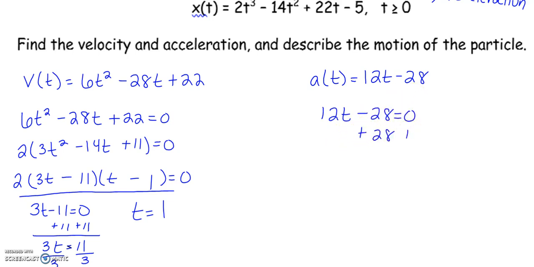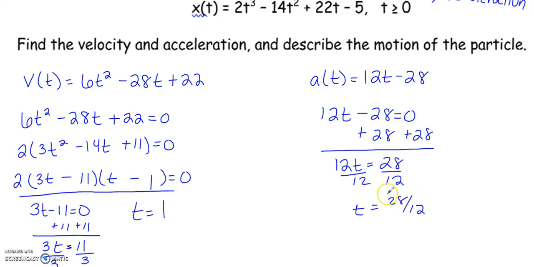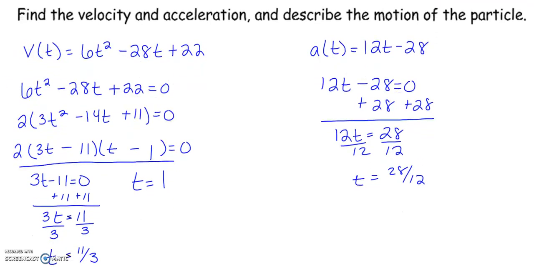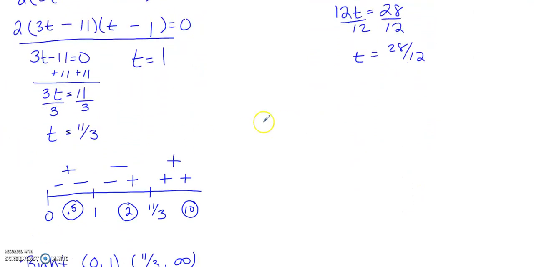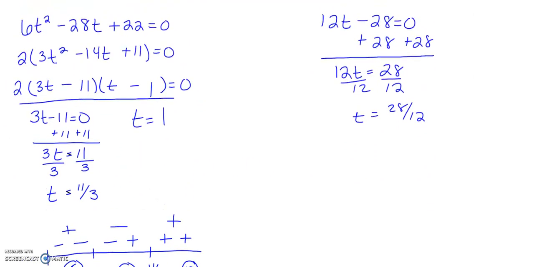So we're going to add 28 to both sides, so I get 12t equals 28. Divide by 12, and I get t equals 28 over 12. Remember, you do not have to reduce your fraction. I need to see the equation. You just leave it alone.